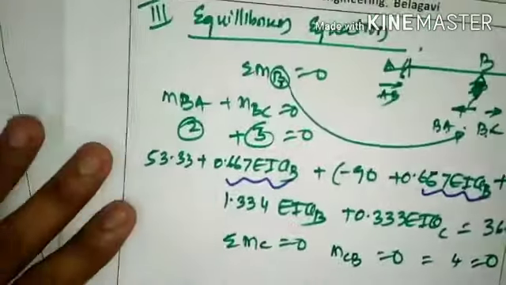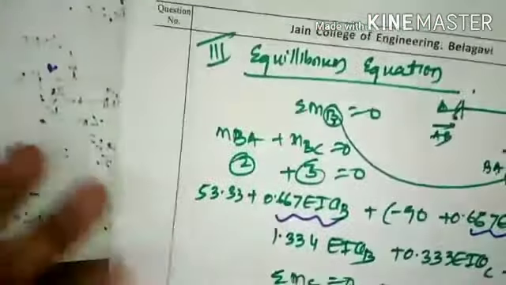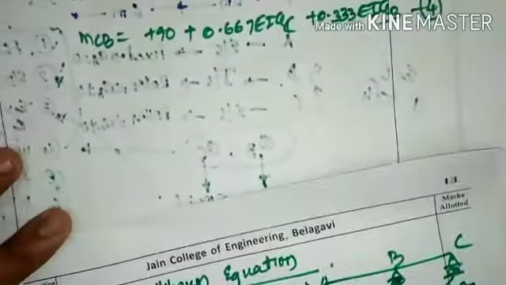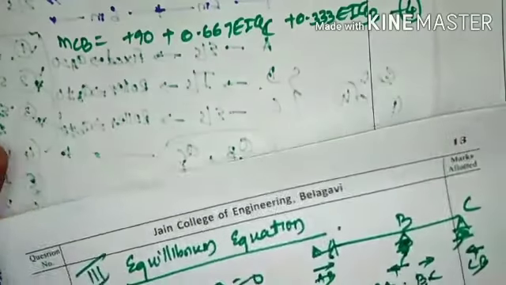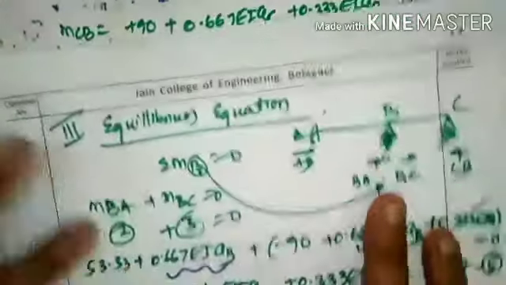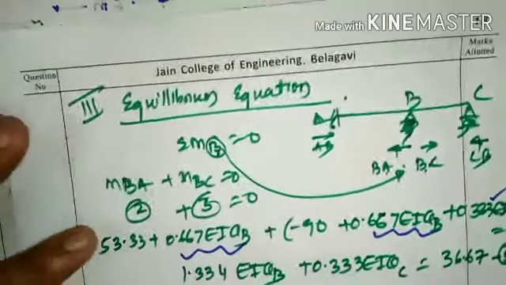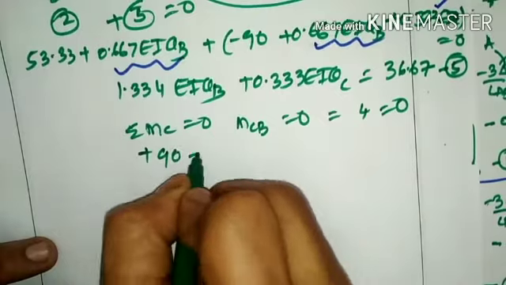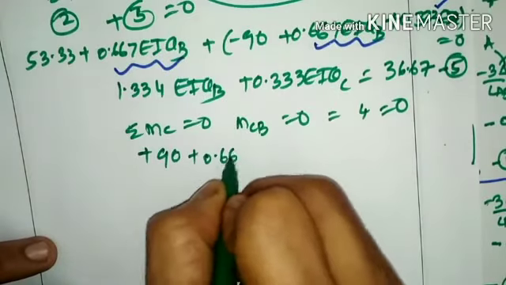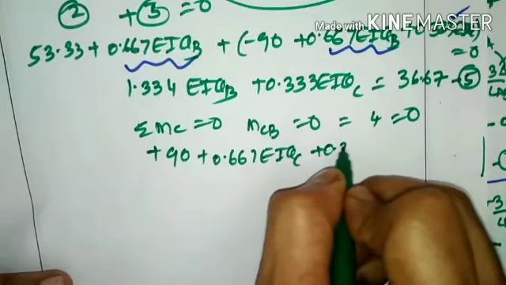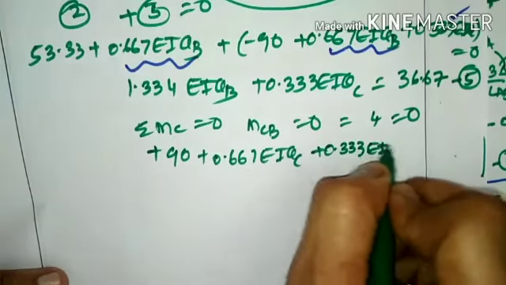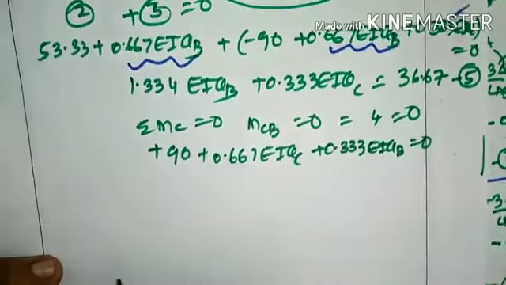If you look back at equation number 4, plus 90 plus 0.667 EI theta C plus 0.333 EI theta B equal to 0.